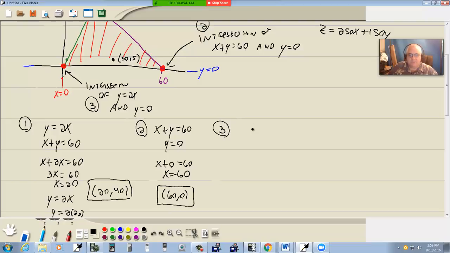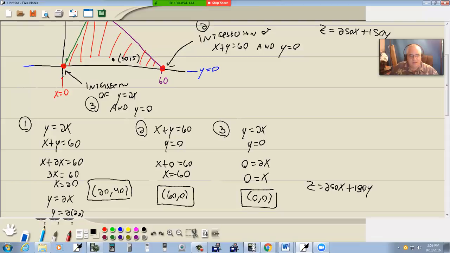This is the intersection of y is equal to 2x and y is equal to 0. So again, we'll plug 0 in for the y. So y equals 2x becomes 0 equals 2x. Divide both sides by 2, and we get x is equal to 0. So this point would be 0, 0. Okay.